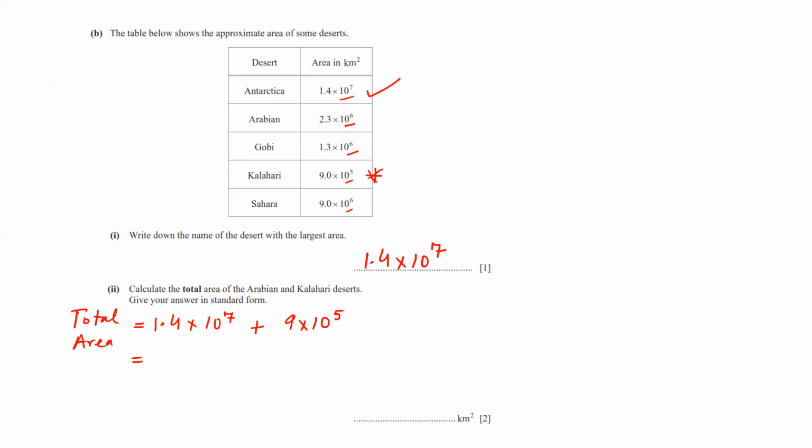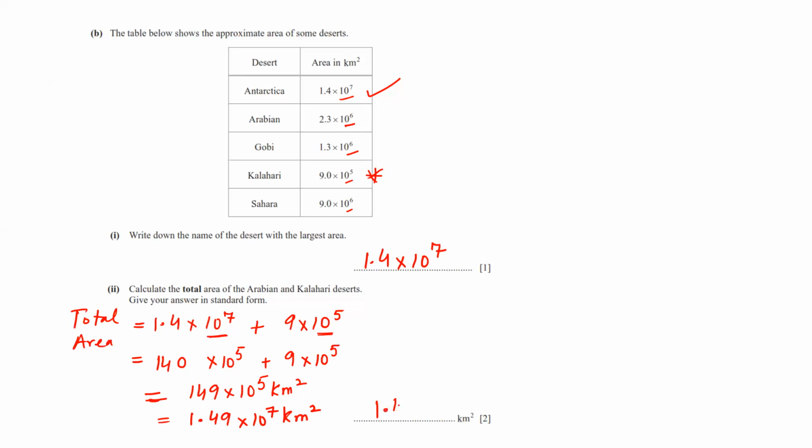Okay, so the easiest way is to make sure that all these powers are of the same unit. If I'm going to change it to 10 to power 5, I have to multiply 1.4 by 100. So 140 it will be, plus 9 into 10 to power 5. So this will be 149 into 10 to power 5 kilometer square. And you can also write it as 1.49 into 10 to power 7 kilometer square.